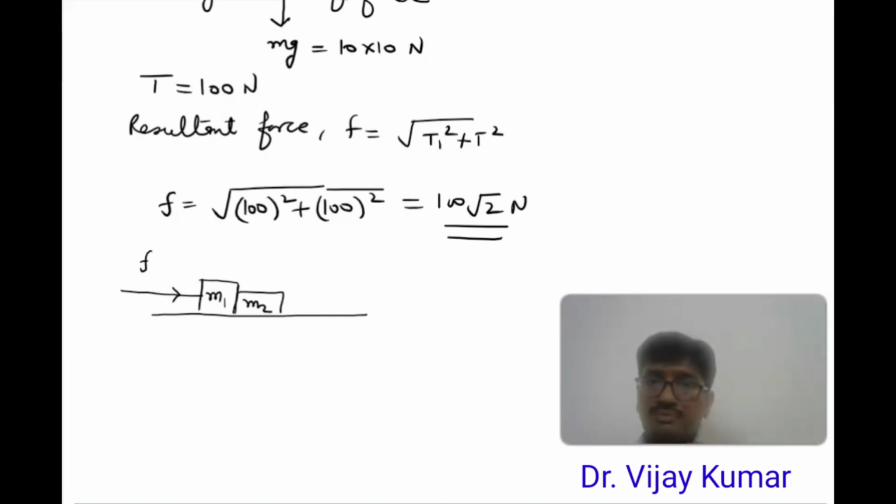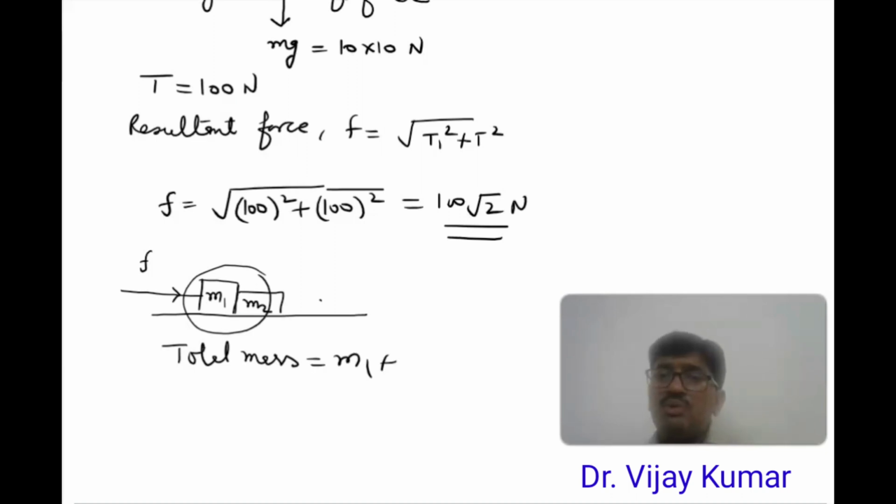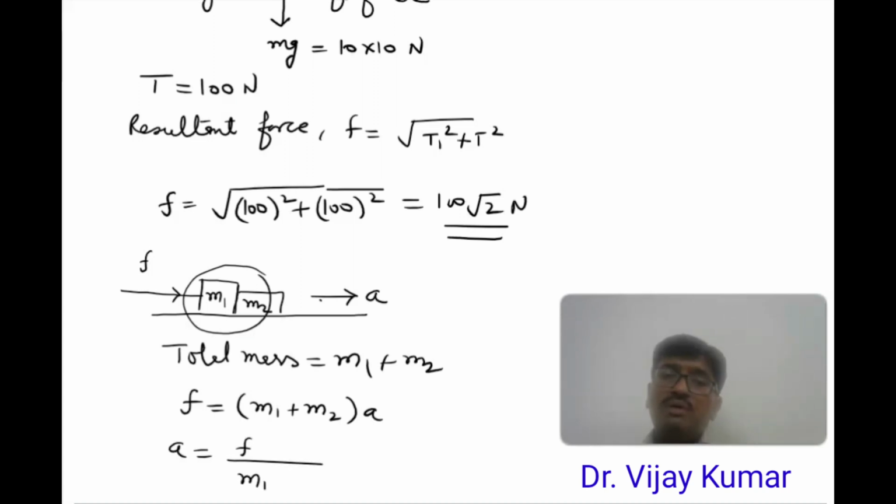Now suppose the total mass of the system is m1 plus m2, and both masses are moving with acceleration a. Then we can consider that F equals m1 plus m2 into a, or a equals F upon m1 plus m2.